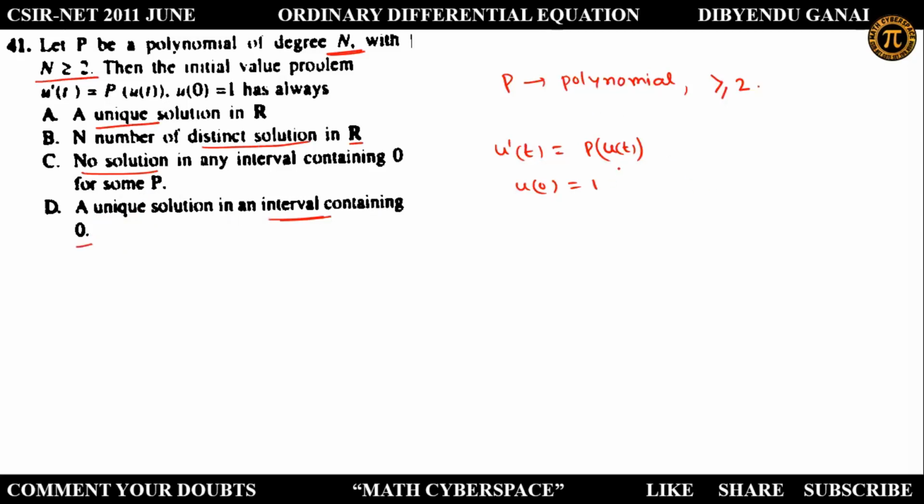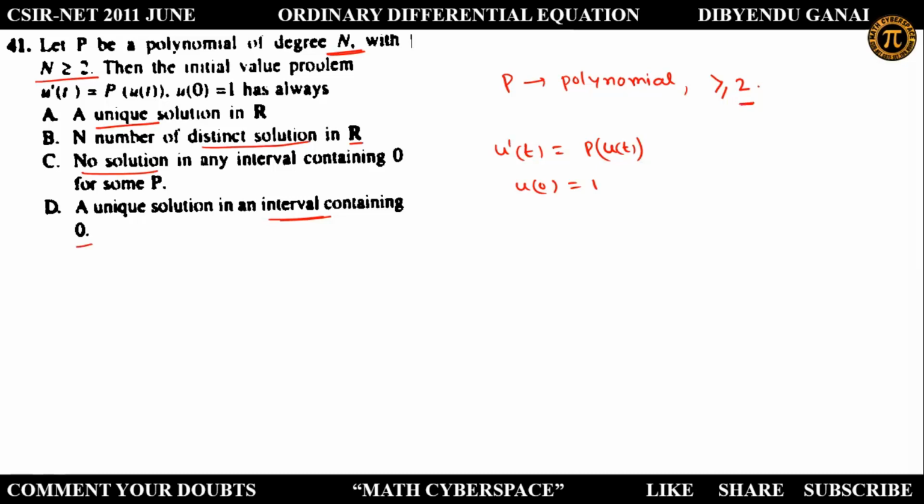Now you can solve this problem by taking an example. If you choose a polynomial of degree 2, then you can easily discard the incorrect options. But right now, I will solve this problem by using the uniqueness theorem.